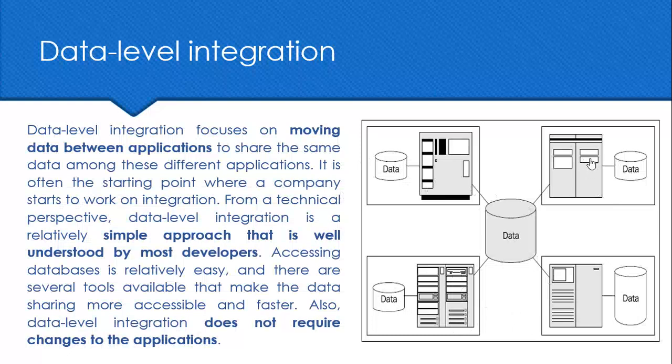Like for example, if you have this enrollment system and this enrollment system has data, this one is for the cashiering, and this one is for student activities, like for example in DSA nga mga system, and then attendance system has data, and then this data is centralized, so it is saved on a single resource. So that's data level integration.